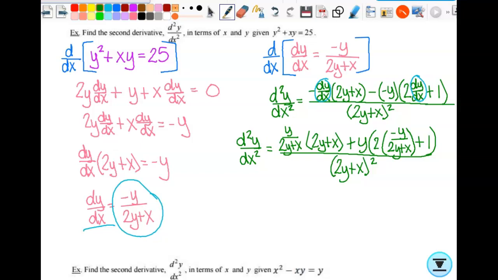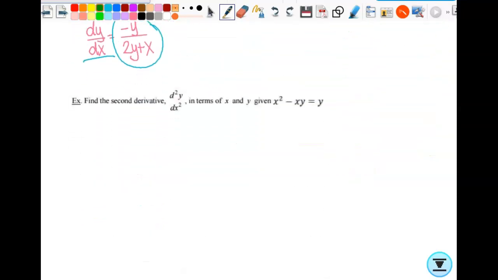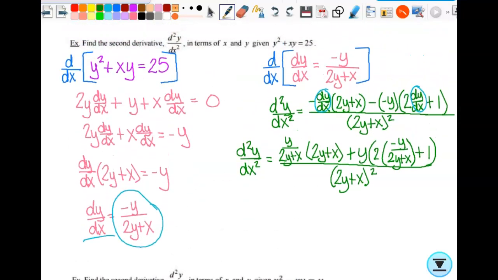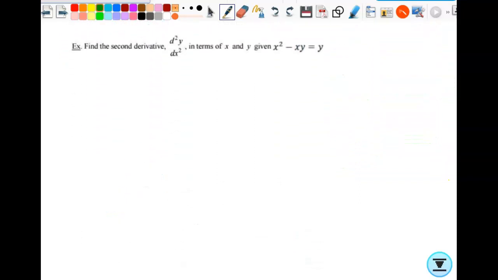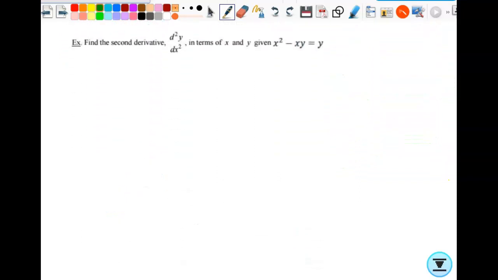All right, so then I want you to try this one, and do this notation I have in blue, because I want you to get used to seeing that and knowing what to do. So what this means is I'm going to take the derivative with respect to x of x squared minus xy equals y, like so.